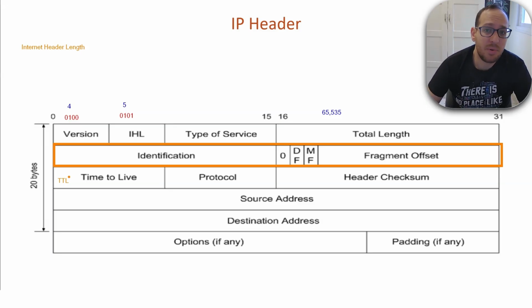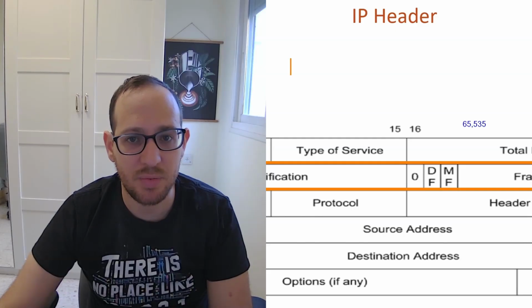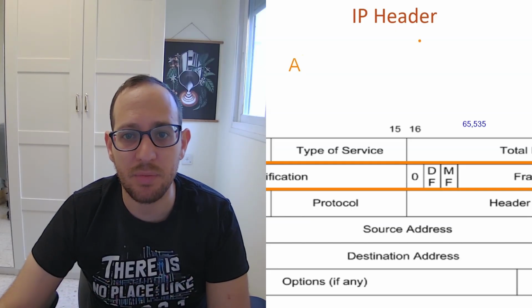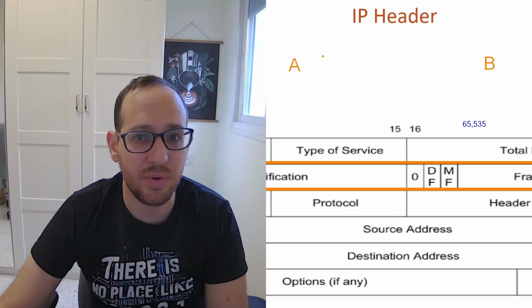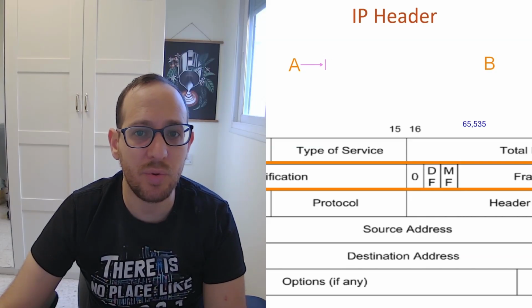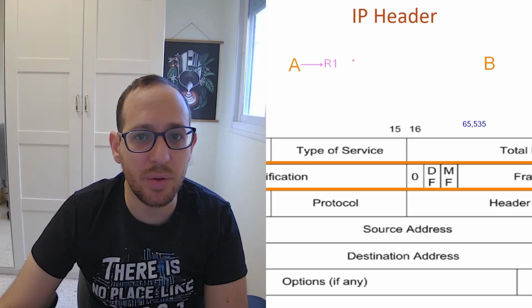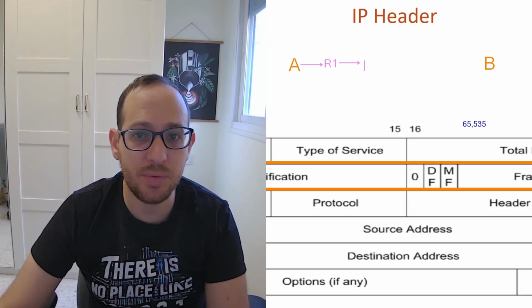But let's think about this scenario. So let's say I have computer A that wants to send a packet to computer B, and there are a few routers in between. Let's just use another color for that, and I'll write here R1. Say router 1, and then we'll go to R2.